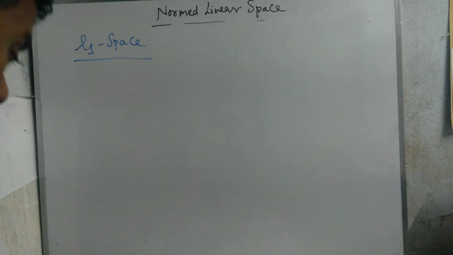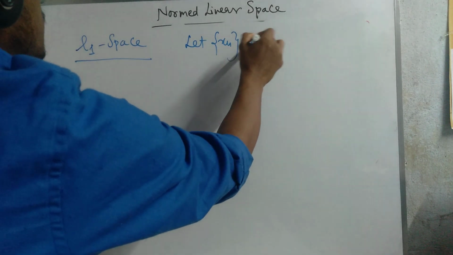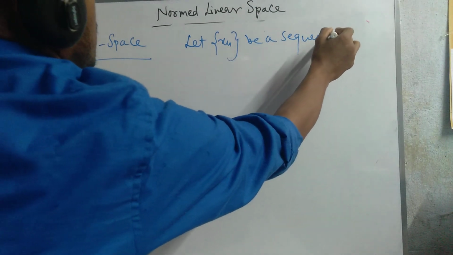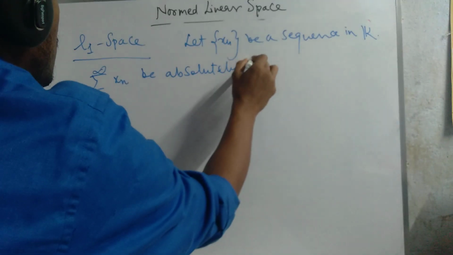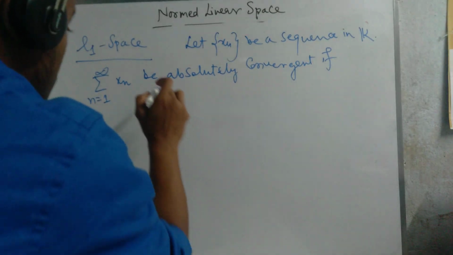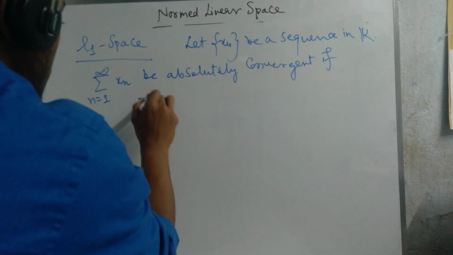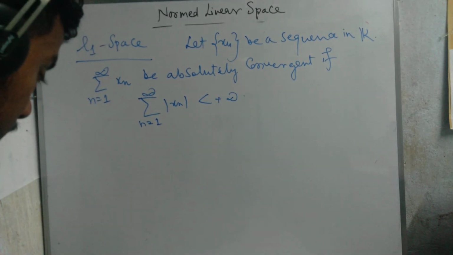L1 space means let xn be a sequence in k. Then the summation n equal to 1 to infinity of xn is absolutely convergent if the summation n equal to 1 to infinity of mod of xn is less than plus infinity.